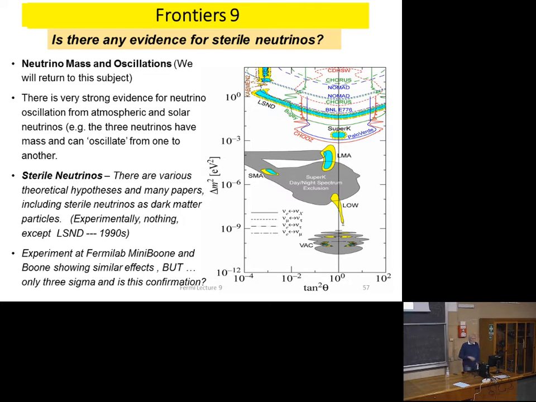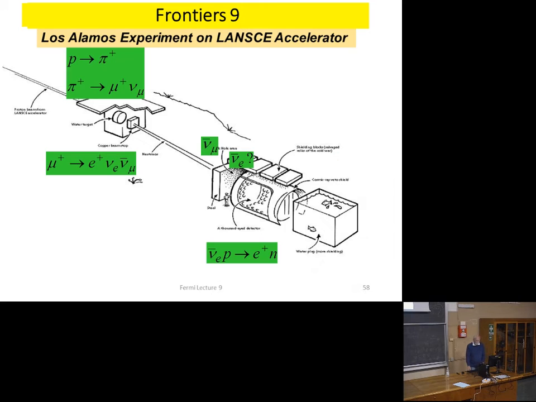And it shows evidence, if correct, that there's another neutrino and there's mixing, and the mass difference is much larger. This is puzzling, but I want to show you, since we're supposedly at the frontiers, that the question's not closed on how many neutrinos there are. There may be more, and there's even evidence, and I'll show you that.